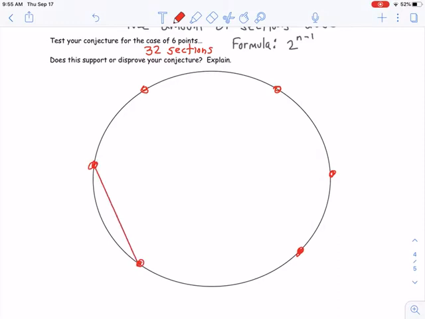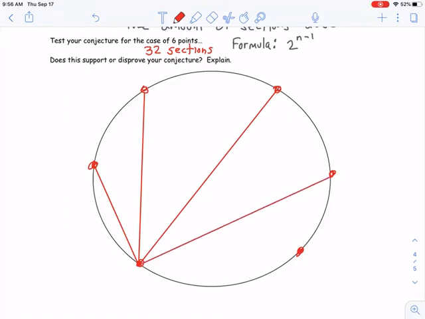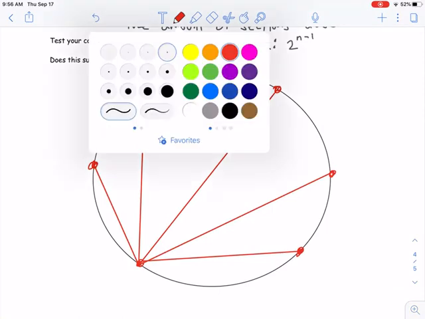So let's start with this bottom left point. Sometimes it's easier if we just go from each point. So there should be 5 lines coming off of each point. So 5 there.